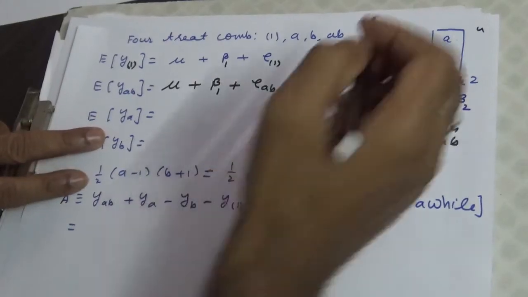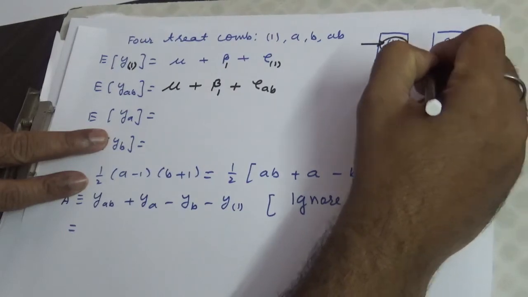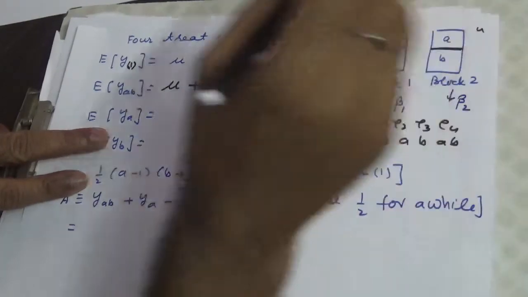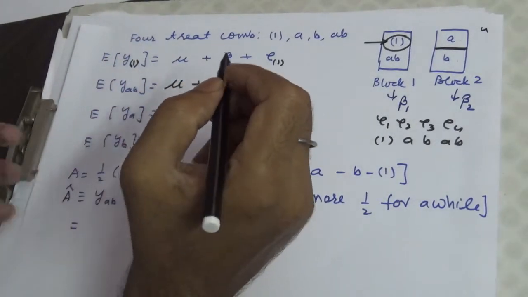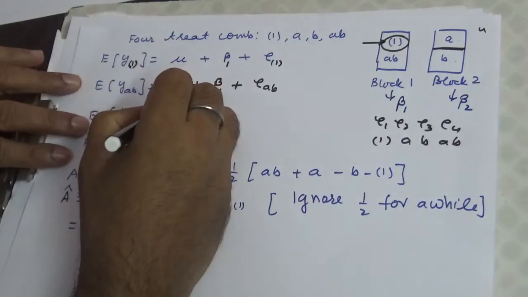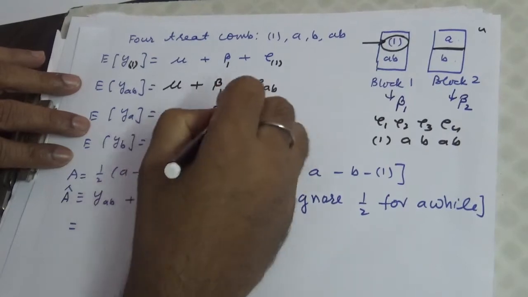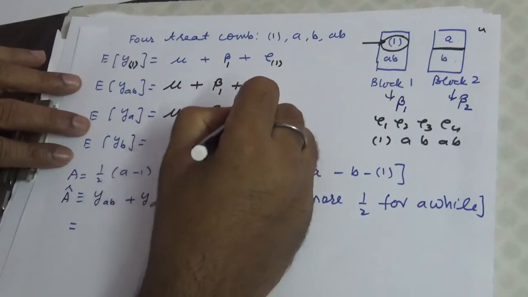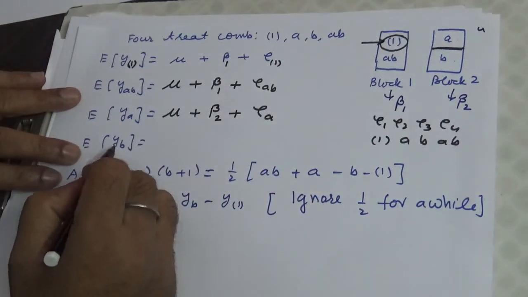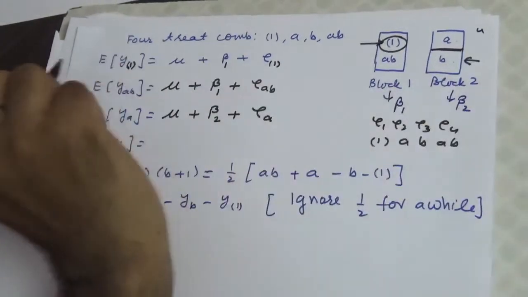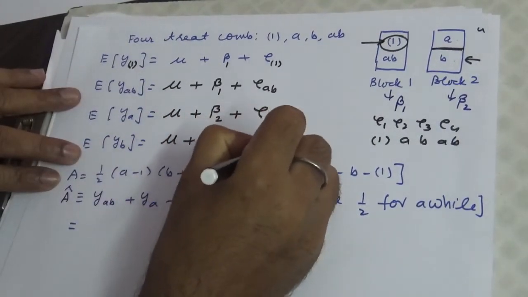Now, if you observe this, A is occurring in the second block. So for this A, the expected value of YA can be written as mu plus beta 2, because A is occurring in the second block, and then tau will become tau A. And similarly for B, this B is occurring in the second block. So this will become mu plus beta 2 plus tau B.